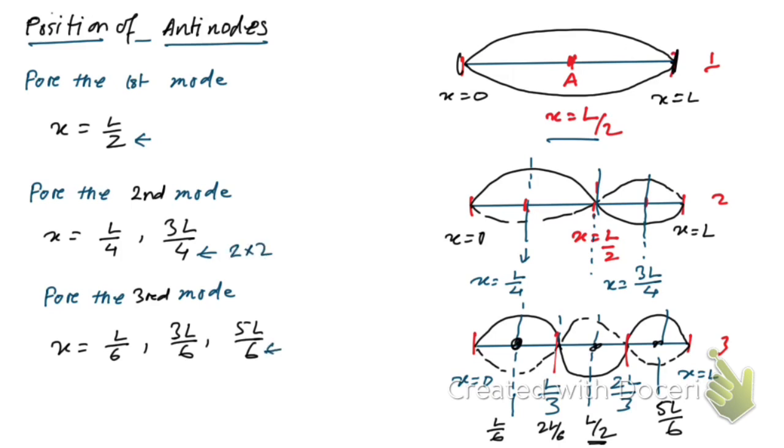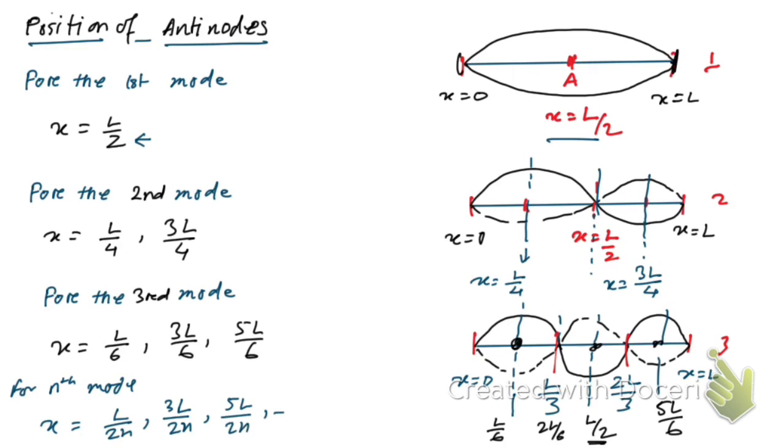For the third mode you have got 6, that means 2 into 3. So for the nth mode you can write x equal to L by 2n, then 3L by 2n, then 5L by 2n, dot dot dot.